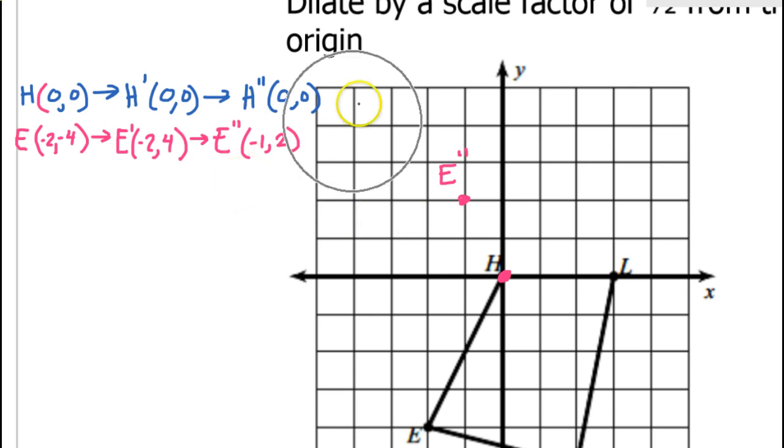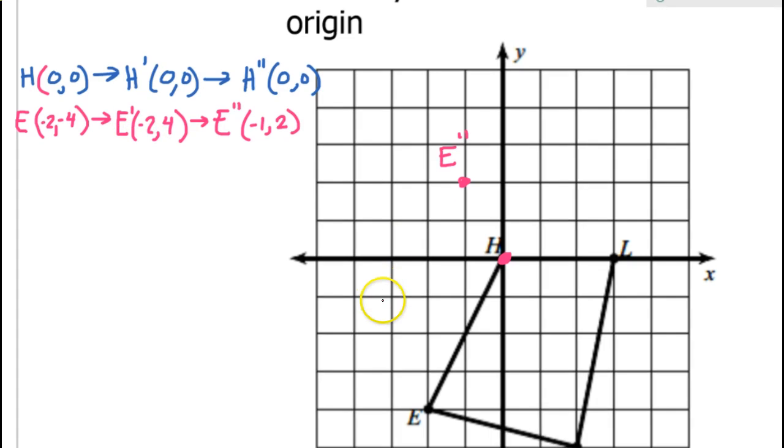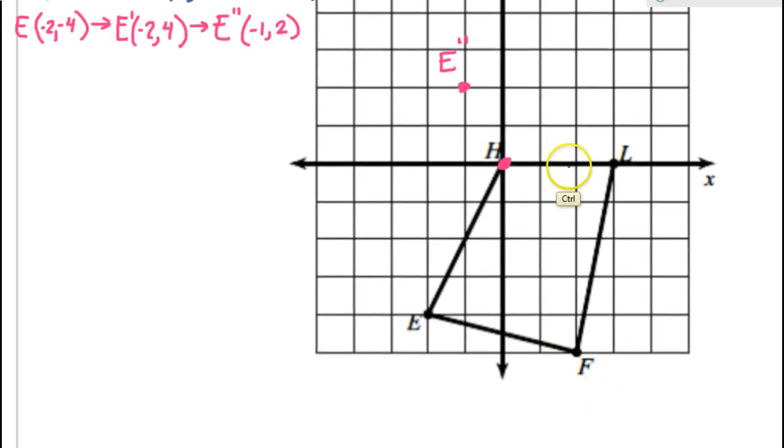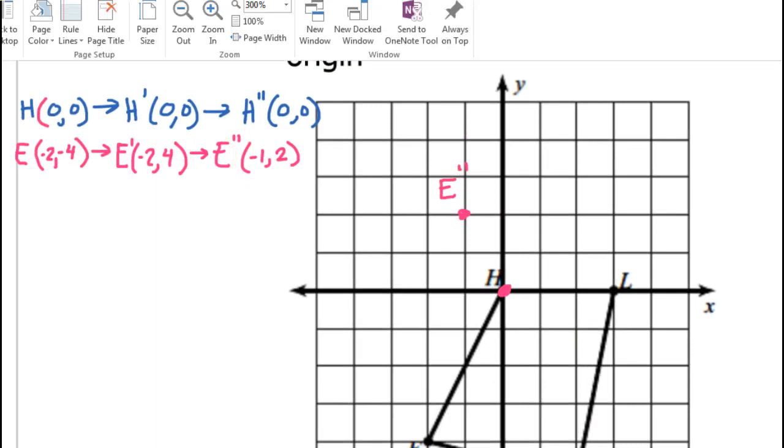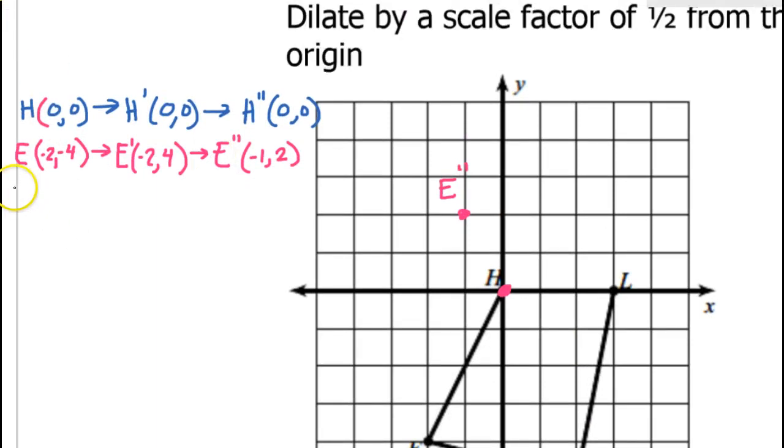Okay, now let's go ahead and get F. F is at (2, -5). When we reflect across the x-axis, we will get F prime. The x value stays the same, the y value changes. So there we've done the reflection.